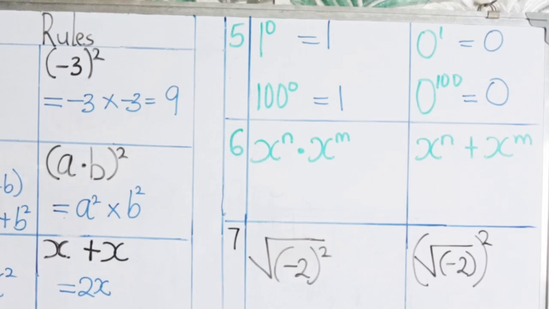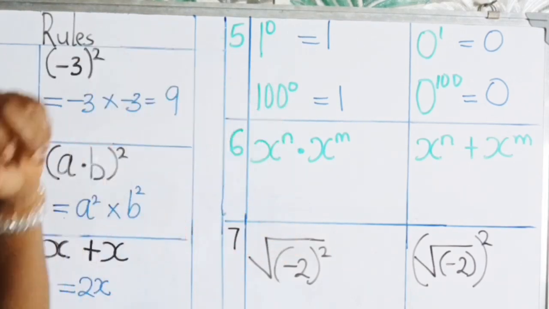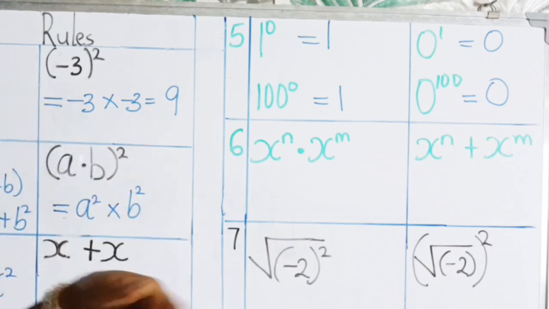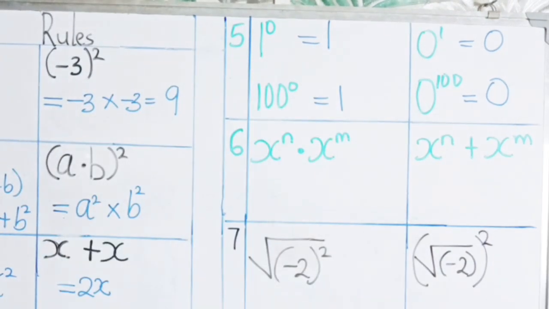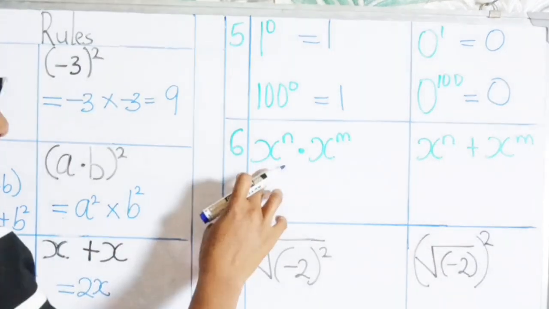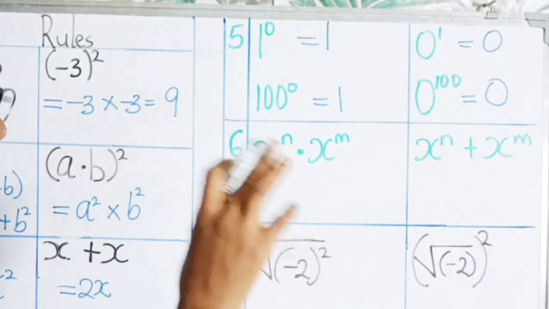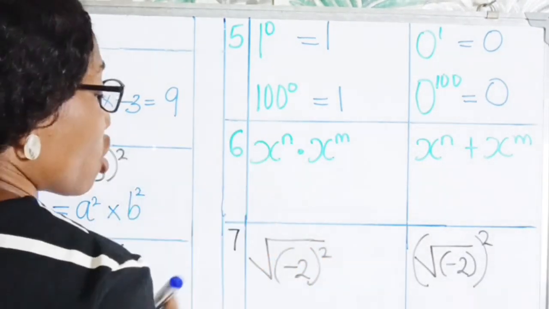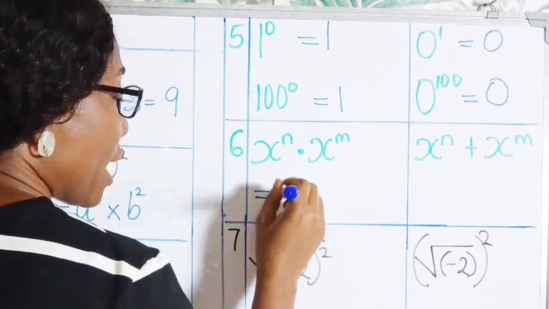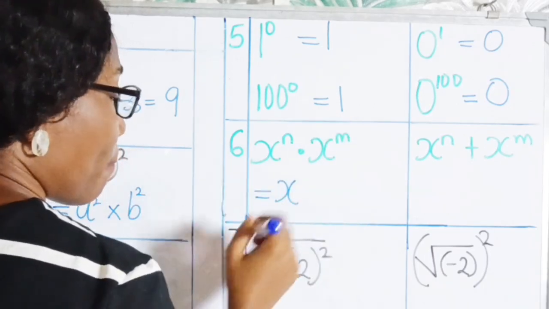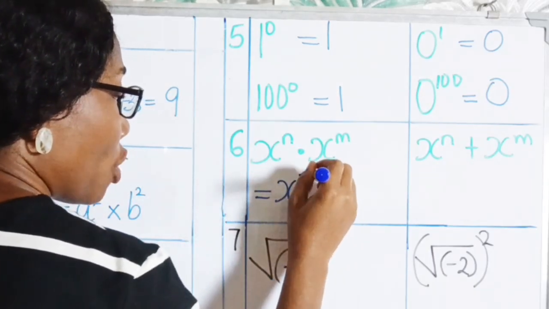Right? Okay, number 6. We have x raised to power n times x raised to power m. Applying the law of indices, you take one of the base and you add the powers, right? So this is going to give us x raised to power n plus m.